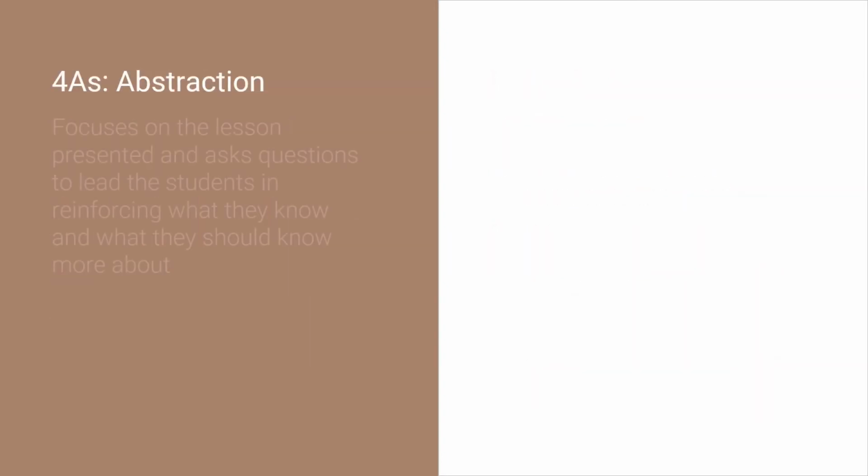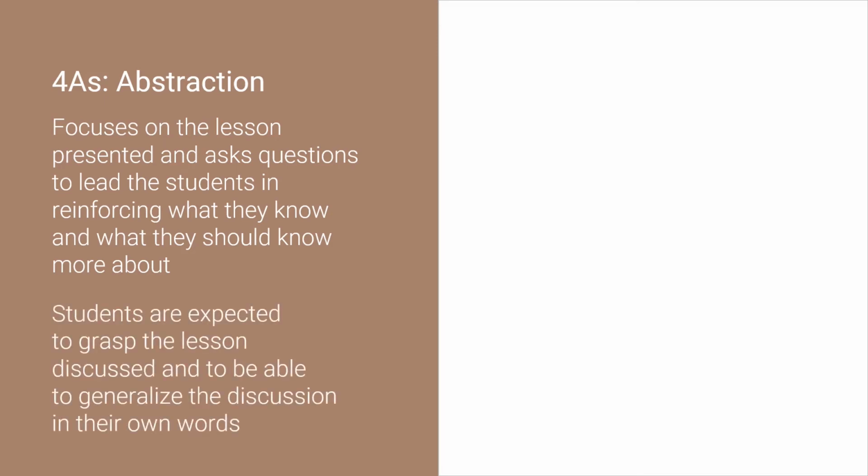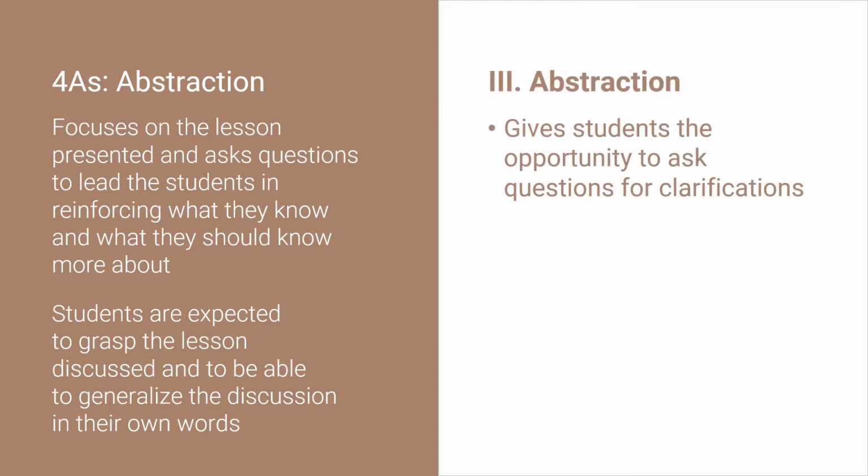Abstraction. In this phase, the teacher focuses on the lesson presented and asks questions to lead the students in reinforcing what they know and what they should know more about. The students are expected to grasp the lesson discussed and to be able to generalize the discussion in their own words. For example, give students the opportunity to ask questions for clarifications.